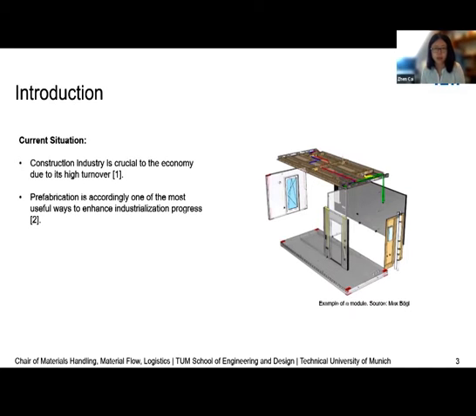Prefabrication enables an offsite production of construction elements, for example, simple construction components like doors or windows, and also complex building modules, like the example here. A housing module is also prefabricable.